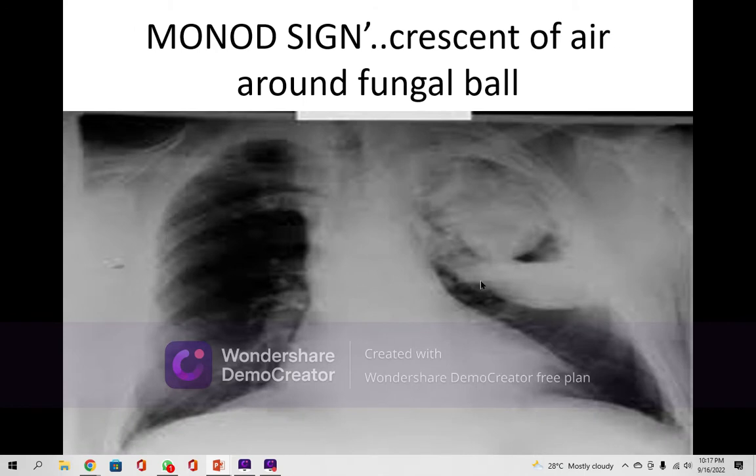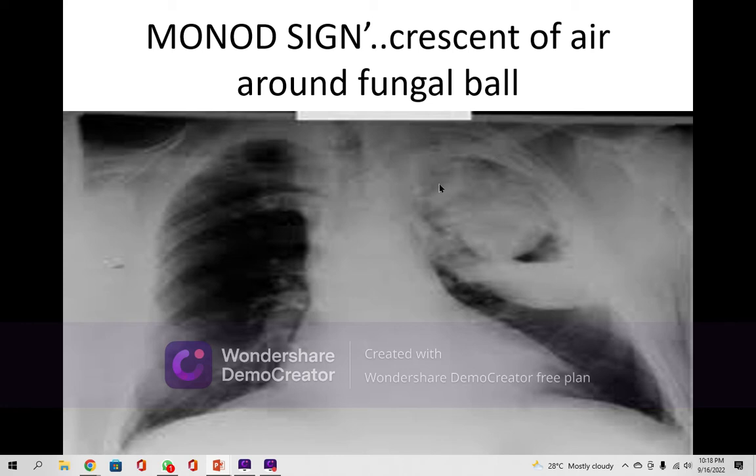Now one is this one. It is called the Monod sign. When there is a big opacity on the outer side, and there is air, and then there is again an opacity, and there is an air shadow inside. So this air shadow appearance is called the crescent of air around the fungal ball.